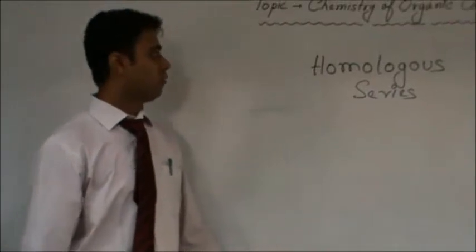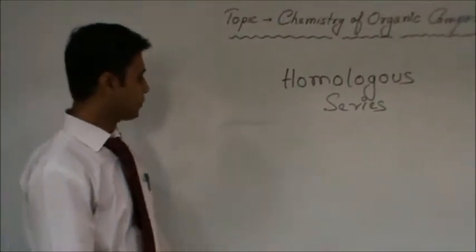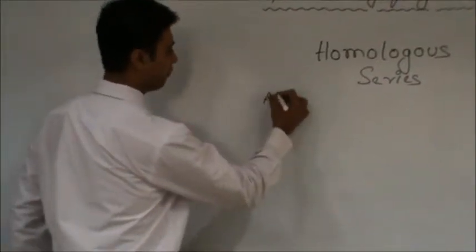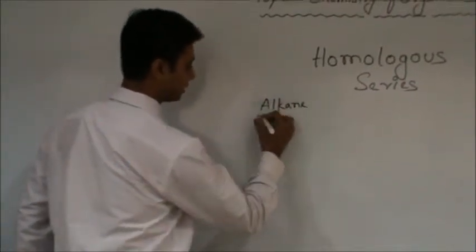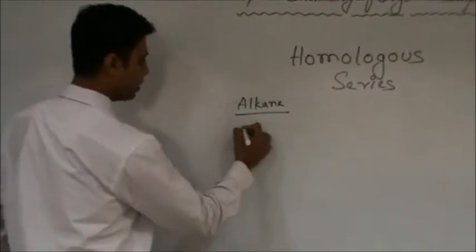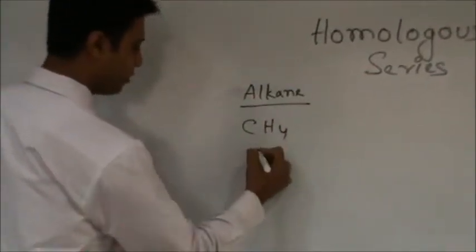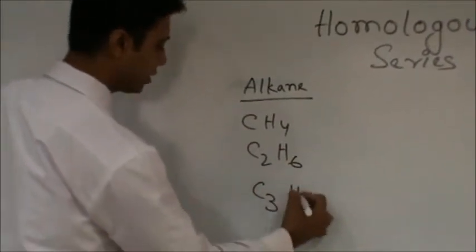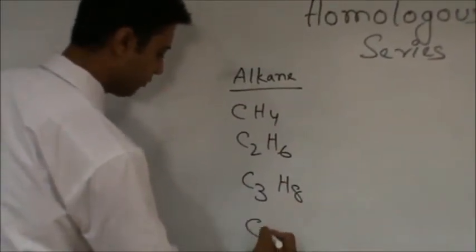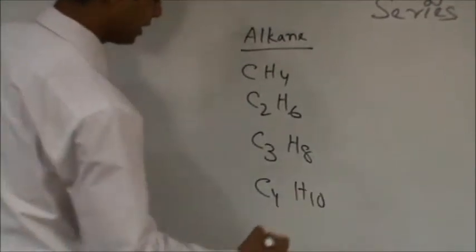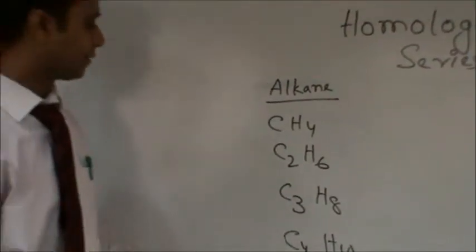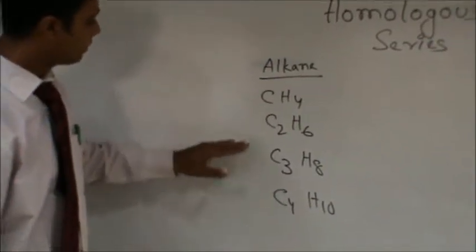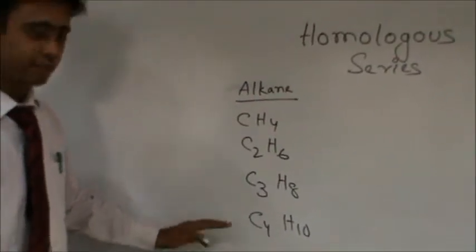To understand what a homologous series is, let us first work out the molecular formula of the first 4 alkanes. The molecular formula of the first alkane is CH4, second one C2H6, third one C3H8, C4H10 is the molecular formula of the fourth alkane. And the names are methane, ethane, propane and butane.